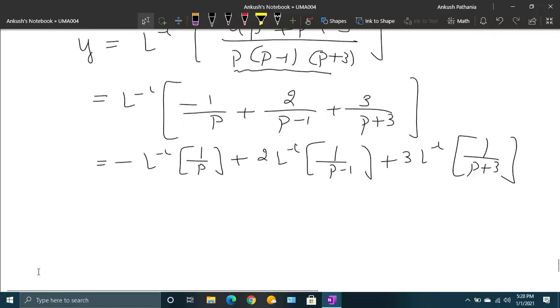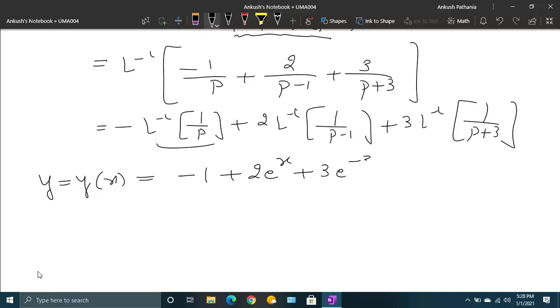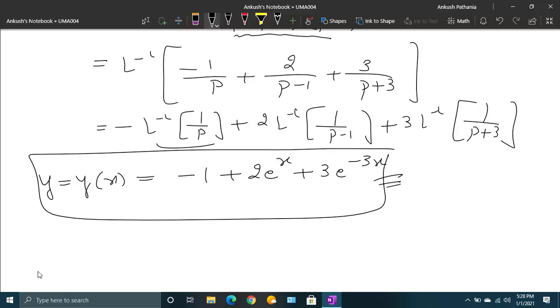So what you get for y, or y(x), or f(x), is minus 1 plus 2 times e raised to power x plus 3 times e raised to power minus 3x. This is the value of y that satisfies the given differential equation under the given initial conditions.